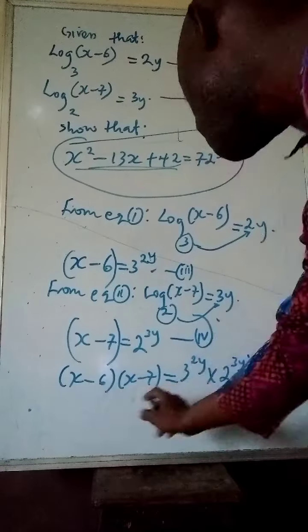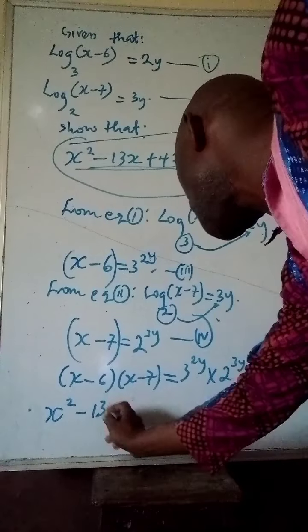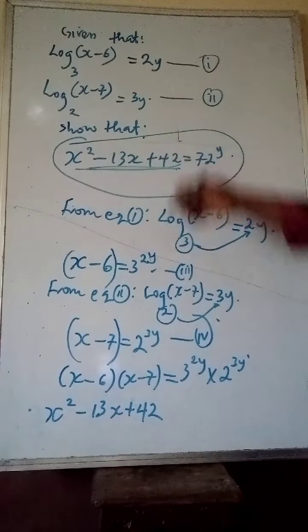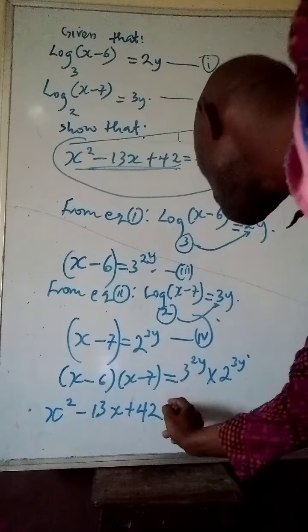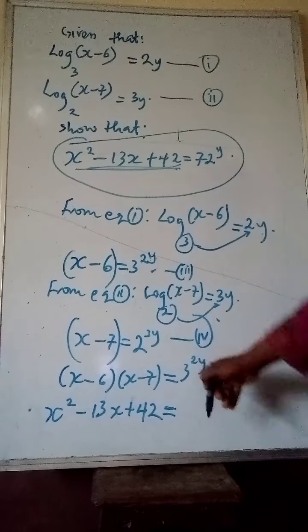When you open this bracket, you get x squared minus 13x plus 42. I've gotten this left side quadratic equals 3 raised to power 2y times 2 raised to power 3y.